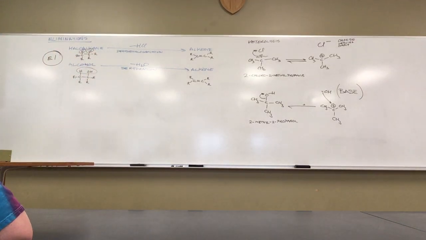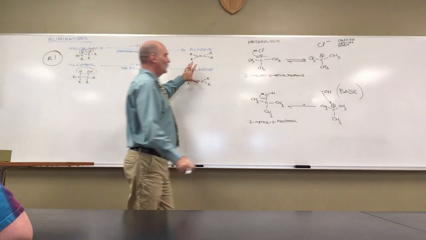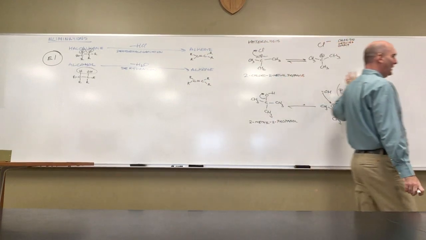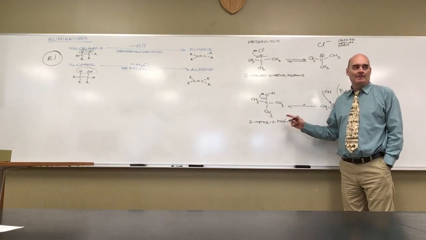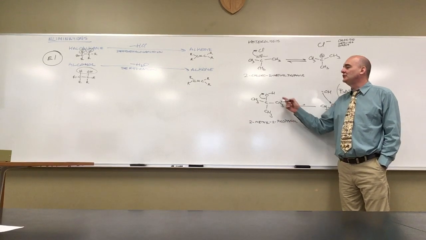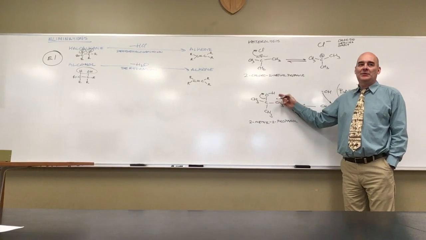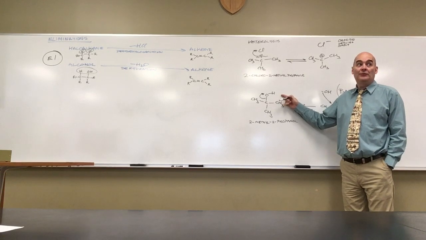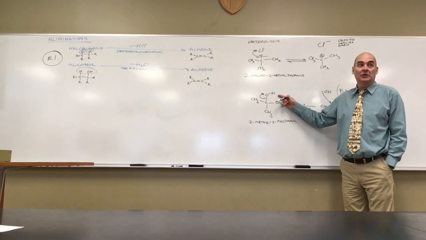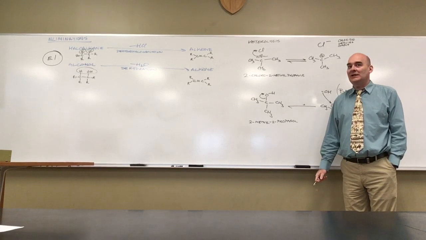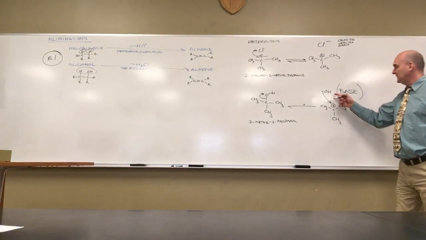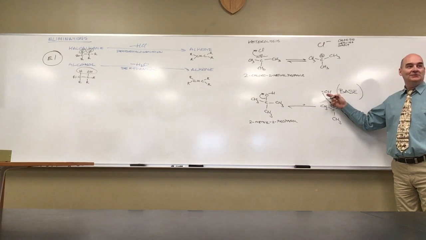Hydroxide is a base, and bases make bonds. And yes, this reaction works, otherwise I wouldn't have put it up on the board, but it doesn't work this way. You cannot just have something that is powerful at making bonds fall off your molecule. That's not how it works. This makes bonds. It's a base. Bases make bonds.